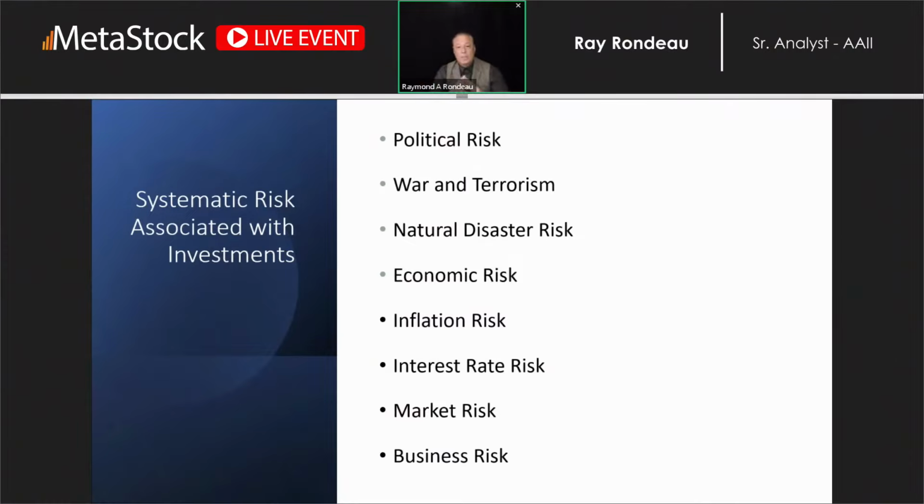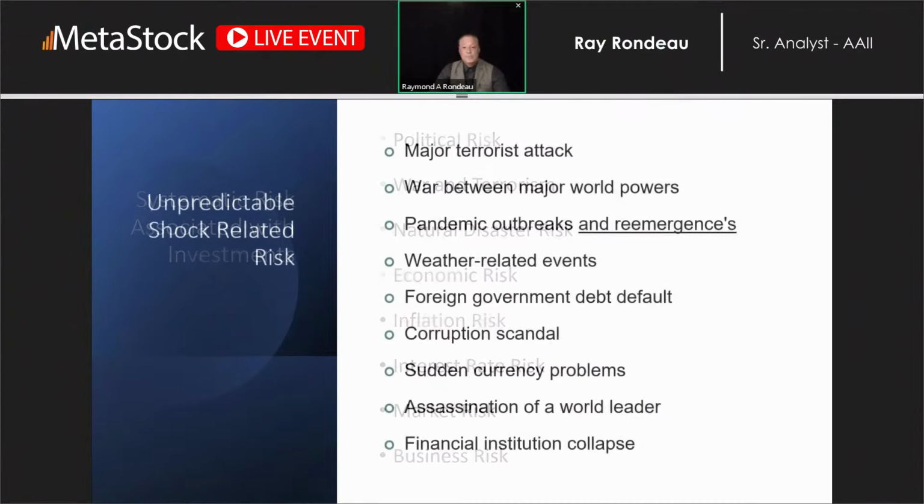This risk tends to be inherent to the entire market. When these types of risks occur, it seems like everything goes bad pretty much at the same time. And here we can see some of those types of risks. And these are very real risks, and we've probably all lived through them at various times.